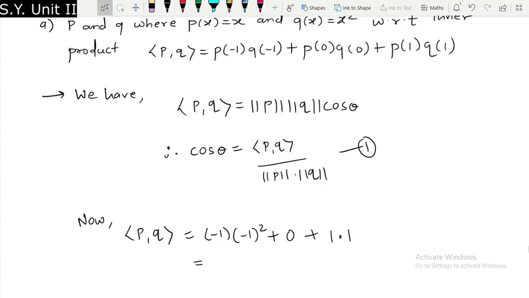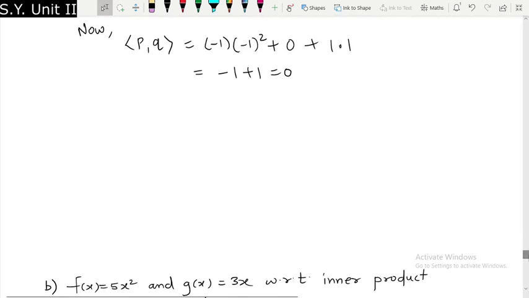If you solve it, it will be minus 1 and plus 1, which is 0. So the numerator comes out to be 0, so there is no need of calculating the denominator. Whatever the denominator is, it is obviously a non-zero quantity, but since the numerator is 0, this cos theta is going to be 0 only. I'll call it equation 2, and use 2 in 1.